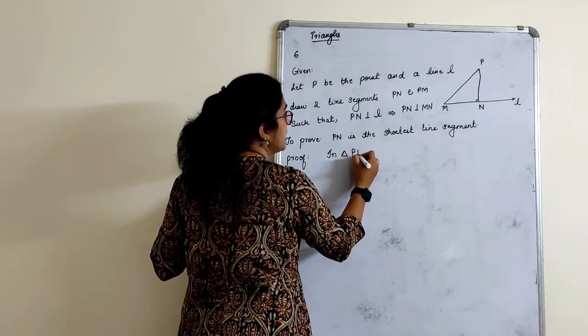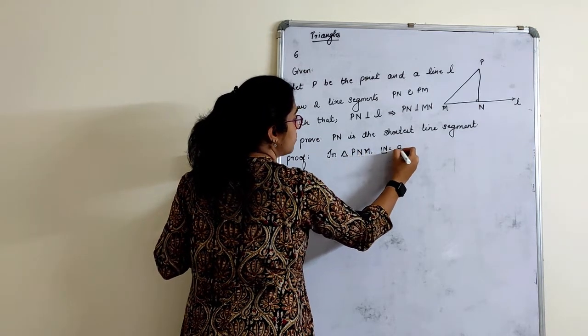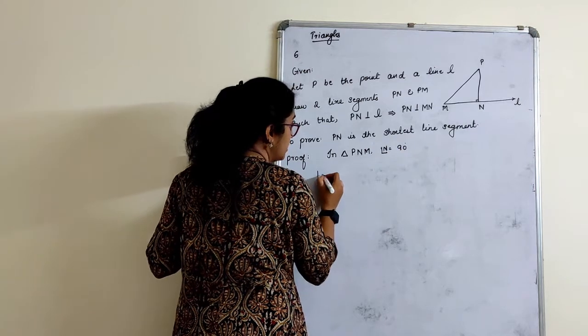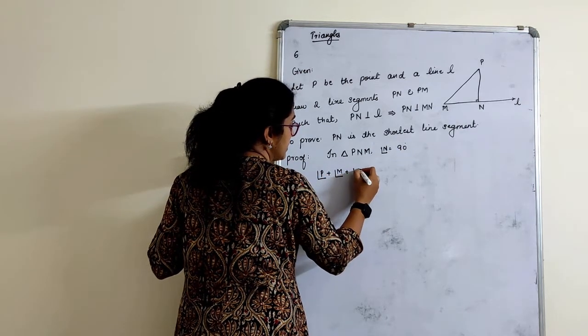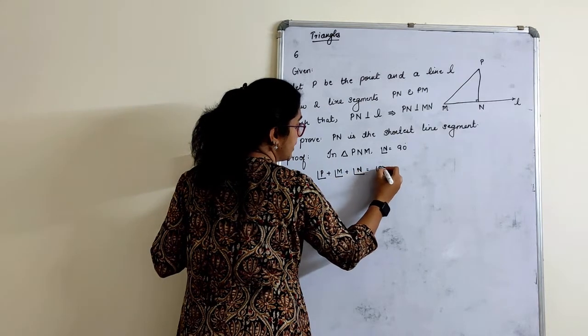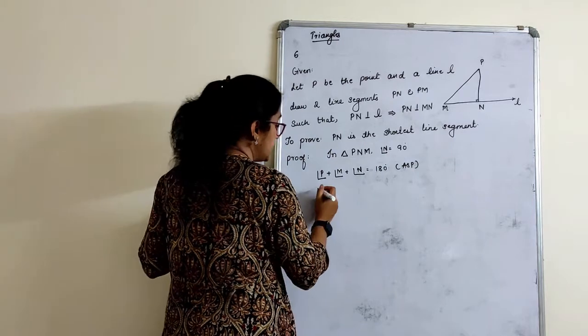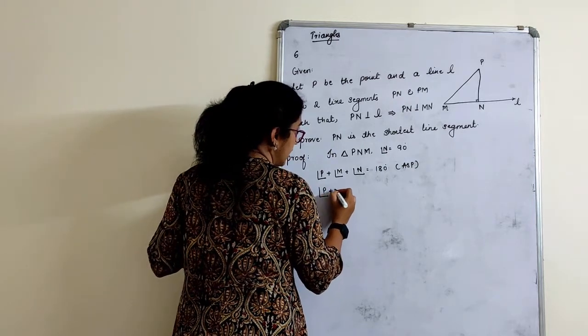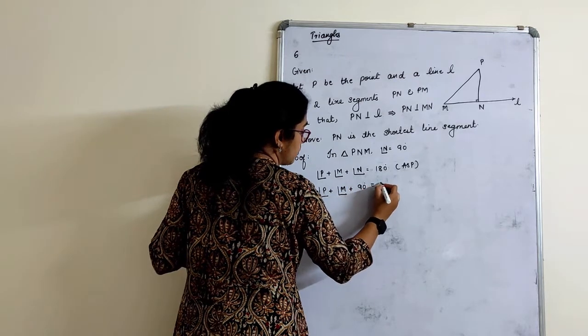In triangle PNM, angle N is equal to 90 degrees, we know that. So angle P plus angle M plus angle N is equal to 180, reason angle sum property. So P as it is, M as it is, plus 90 is equal to 180.